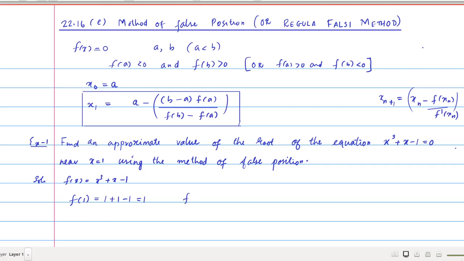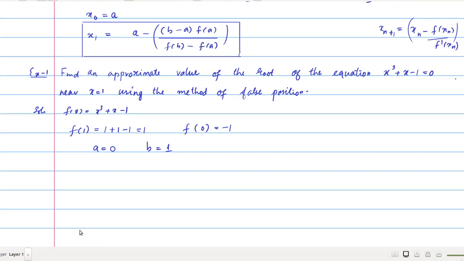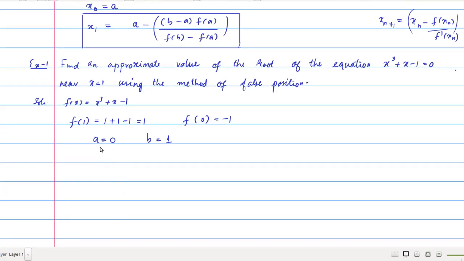First we evaluate f of 0, the easiest one. That gives 0 plus 0 minus 1, which is minus 1. So from this you can set a equal to 0 and b equal to 1, because the root of this equation is between 0 and 1. The smaller one is a, that is 0, and b is 1.